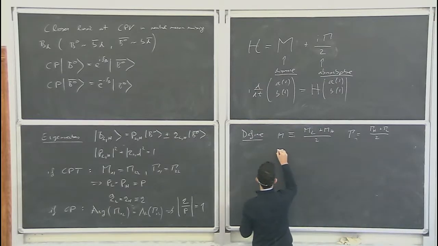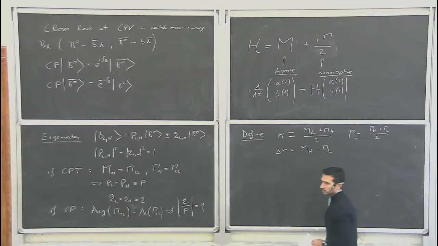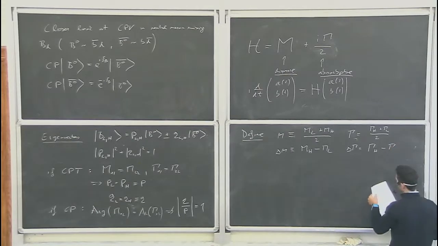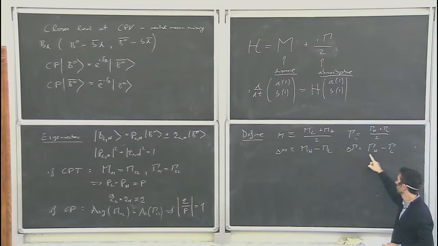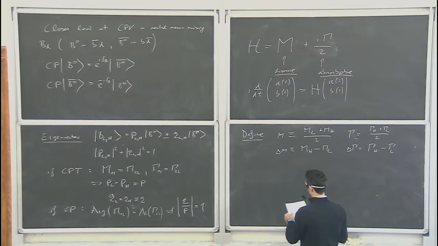And then I will define the orthogonal quantities: delta m, which is the difference between the heavy and the light mass, defined as always positive. And delta gamma as the difference between the decay widths of the heavy and the light. So delta gamma can have any sign, because we don't know if the heavy state is longer or shorter lived than the light one.